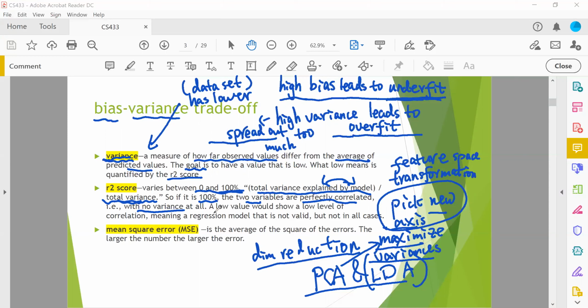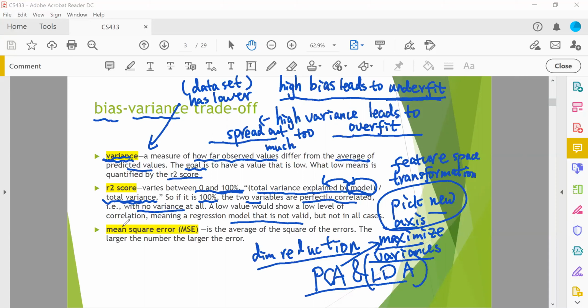That's why the higher, the better your model is, because you can find some model that can catch all of the variance. A low value shows a low level of correlation, so that means your model may not be valid, but not in all cases.